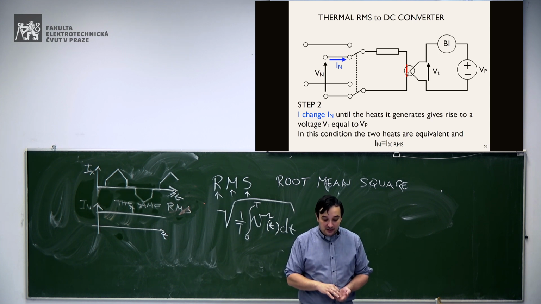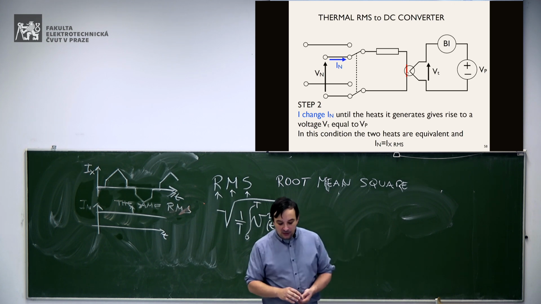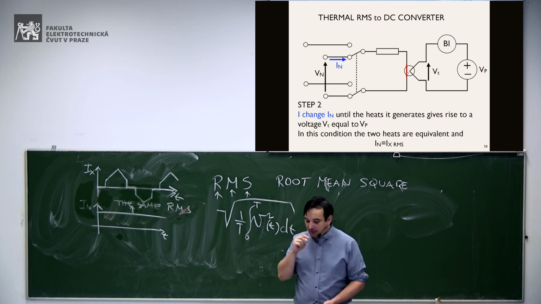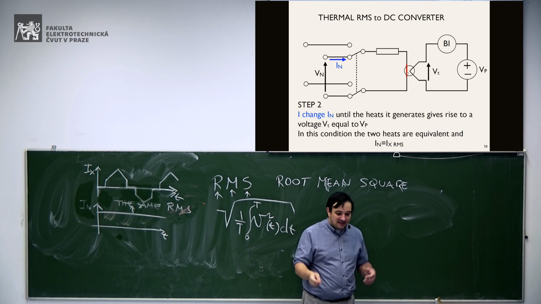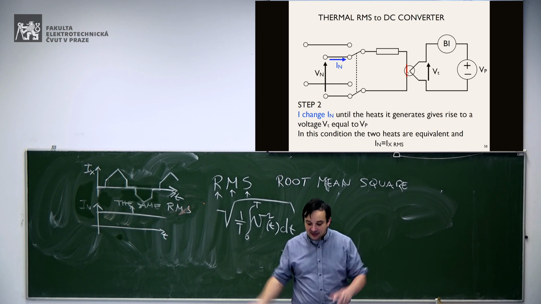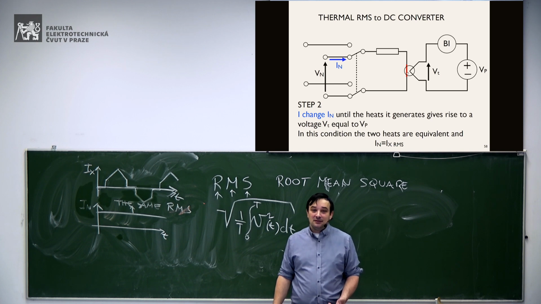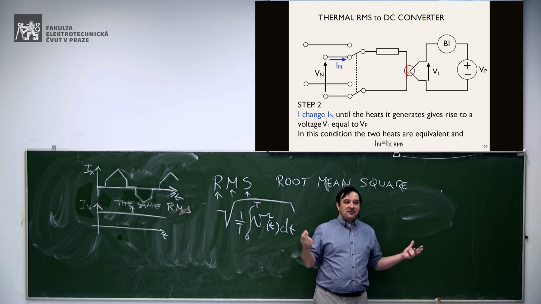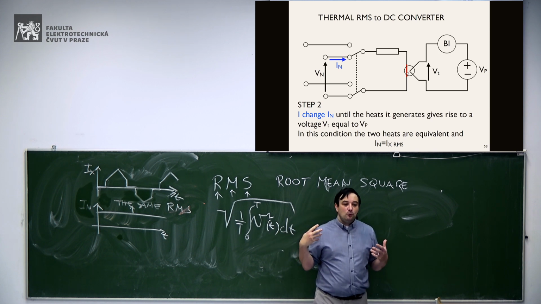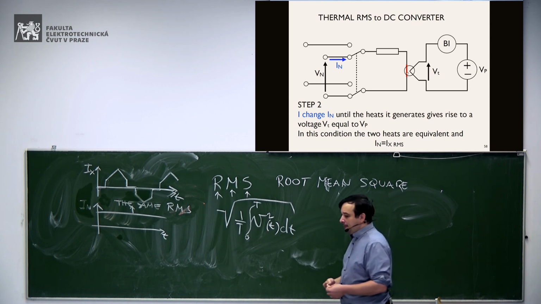One very important thing is this. Somebody might ask me, okay, but why do you get crazy about making this system with IX, IN, changing the voltage of VP until it gets equal to... Why don't you simply measure heat, right? We say that the RMS value gives you information about the work produced by the signal.